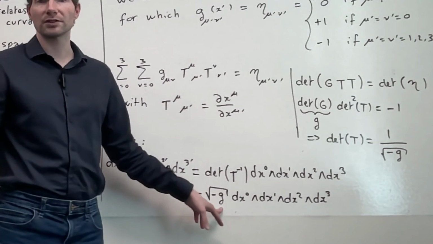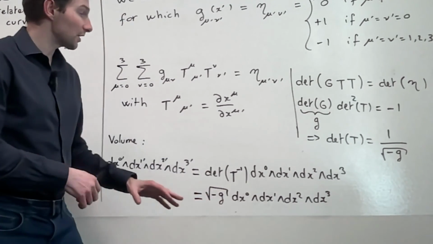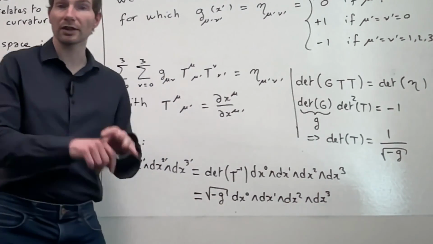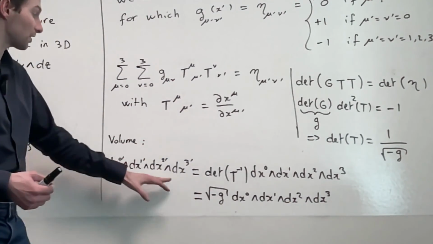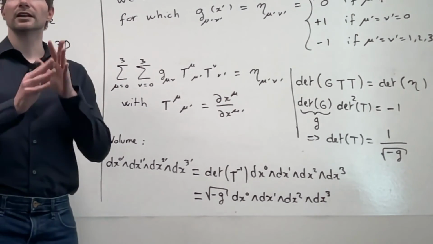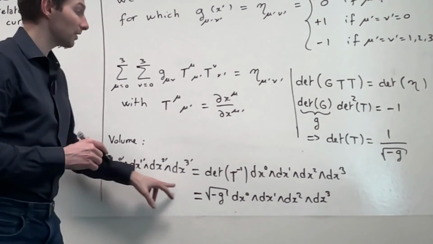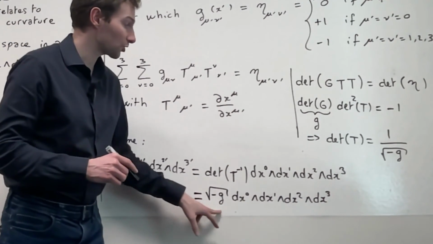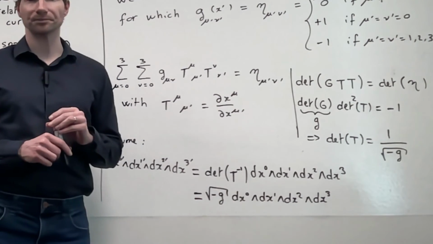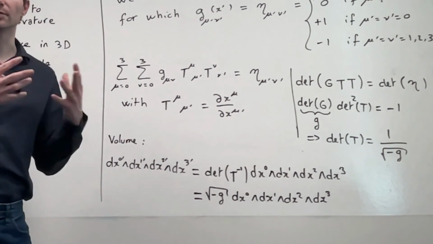So the square root of minus minus 1 is simply the square root of 1, and that's 1. Okay, so here, basically, this is something very amenable and very versatile, because once you've started from something that is locally well defined, that is locally flat for this particular coordinate system, then essentially you get this expression for any coordinate system. Okay, this g, by the way, is going to depend on position and so on.